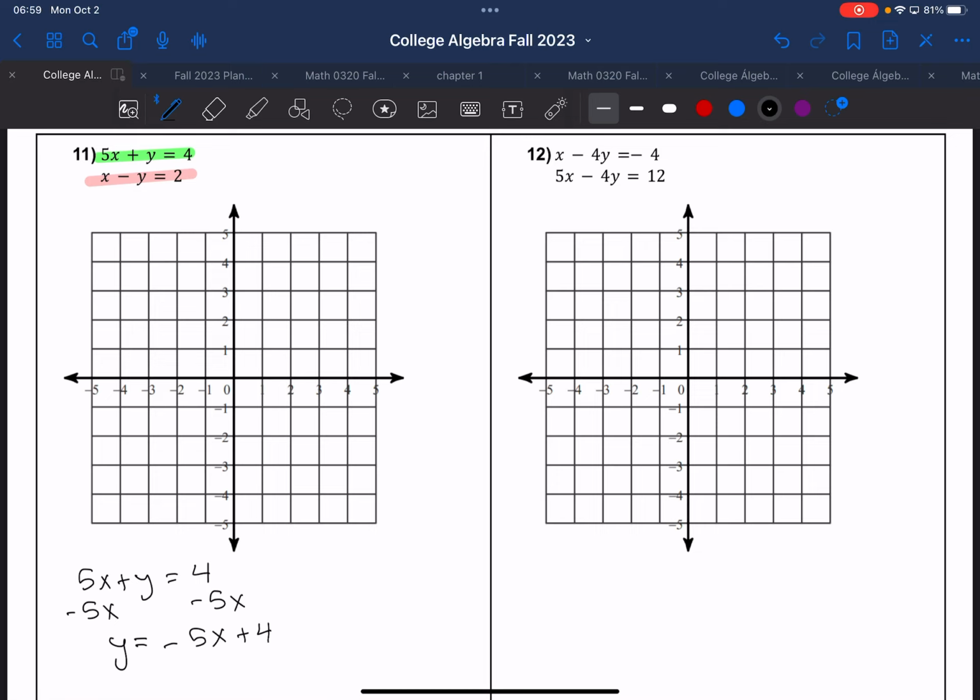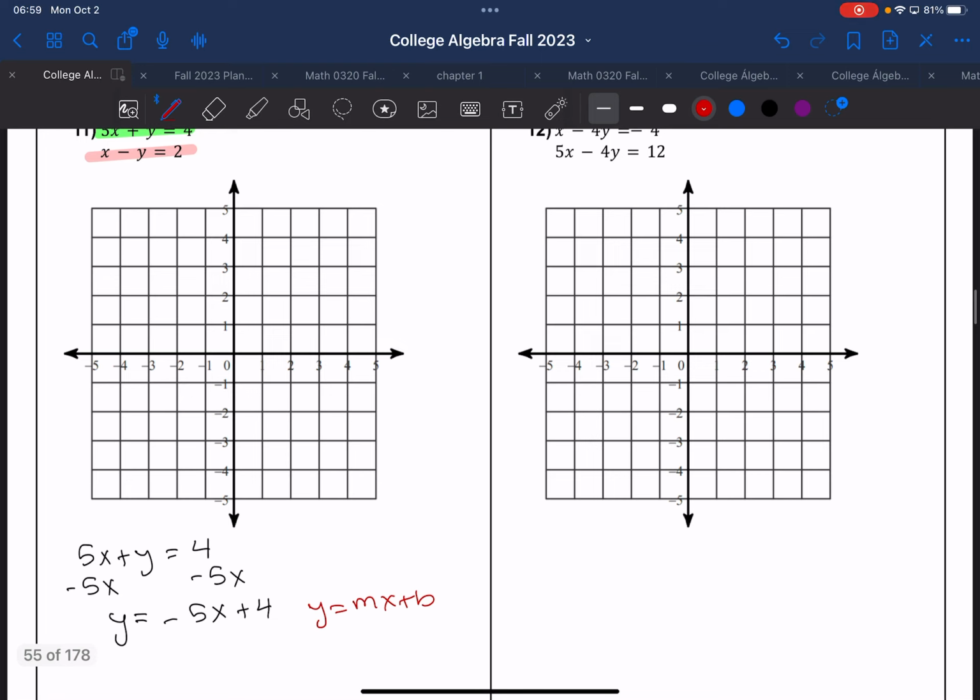Remember, whatever is attached to your x goes first because we're trying to put it in the form y equals mx plus b. So looking at this equation, which is now our new green equation, what is the y-intercept here? 0, 4, and what's our slope?